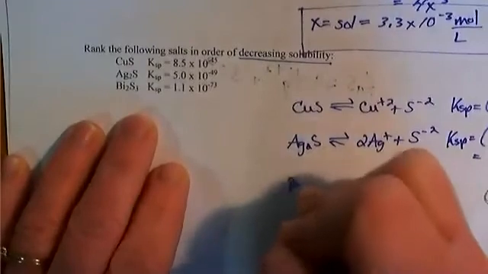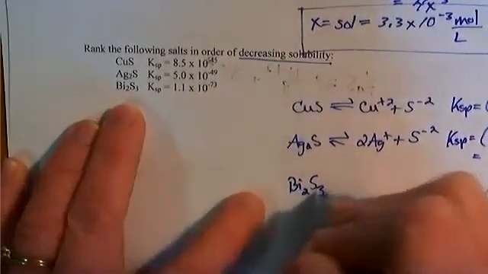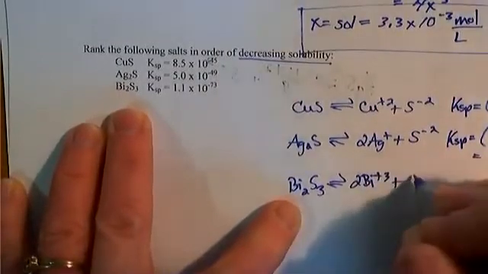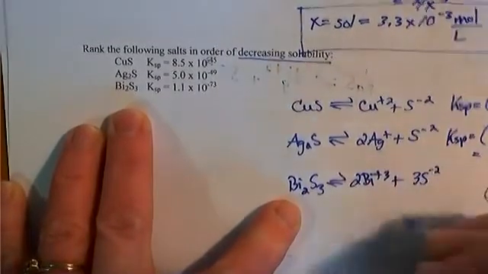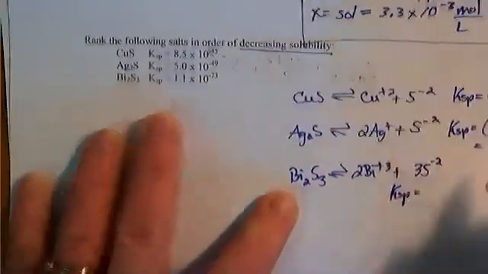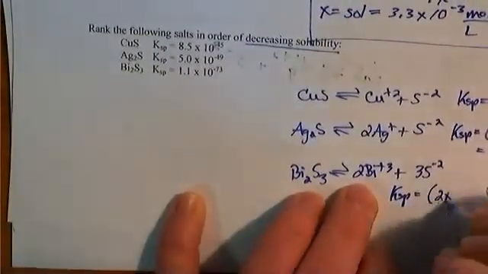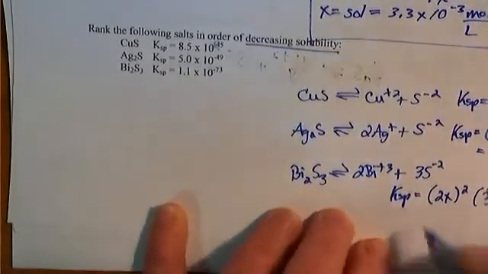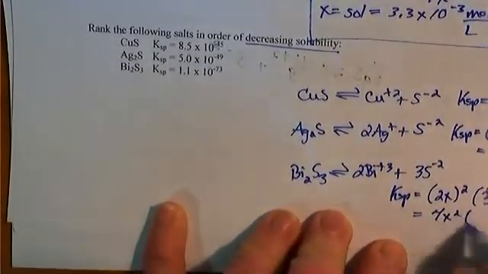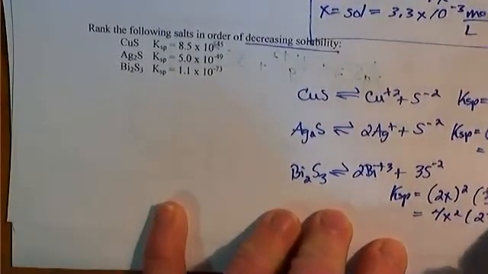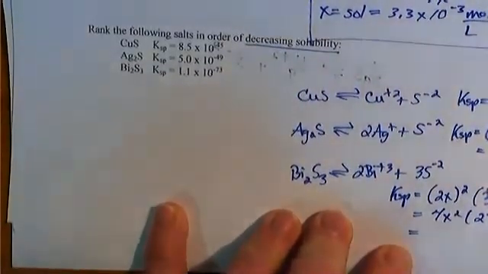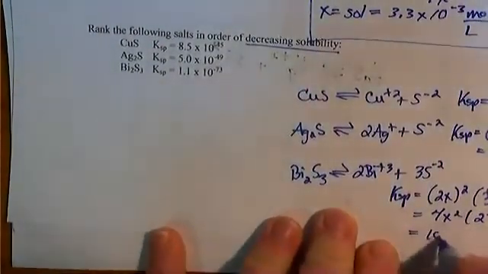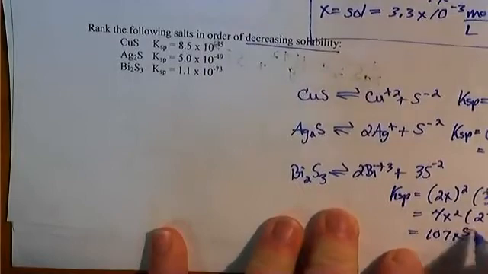And then for that bismuth sulfide, we get 2 bismuths for every 3 sulfides. And so this Ksp ends up being 2x squared times 3x cubed. So here's 4x squared, 27x cubed. So this is going to be 108 x to the 5th.